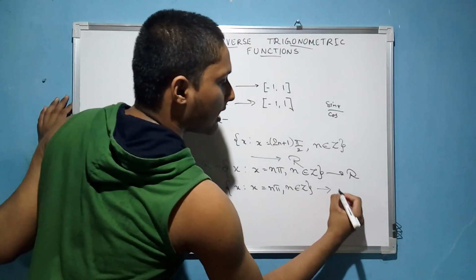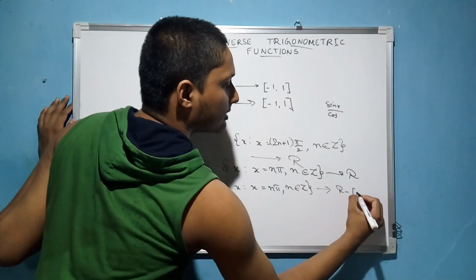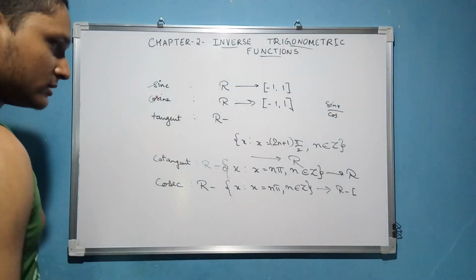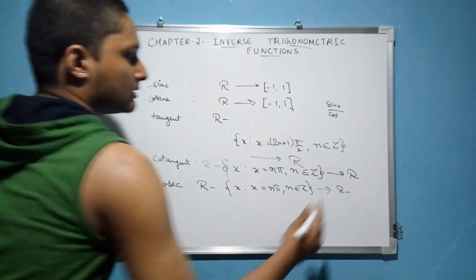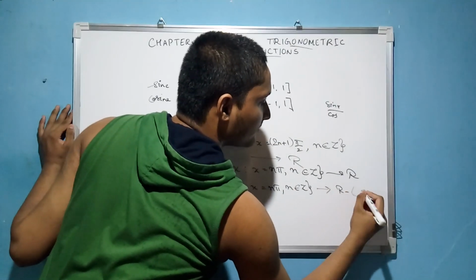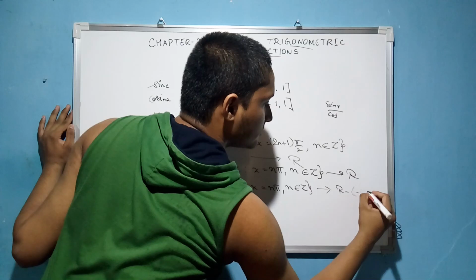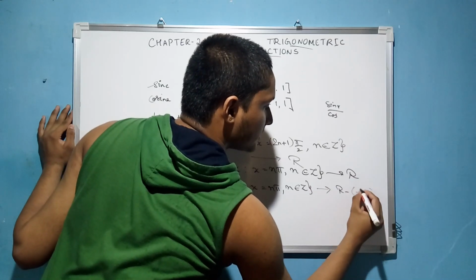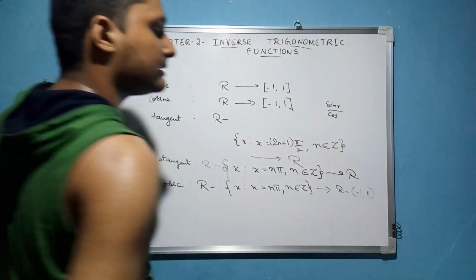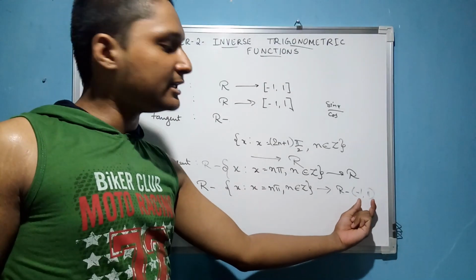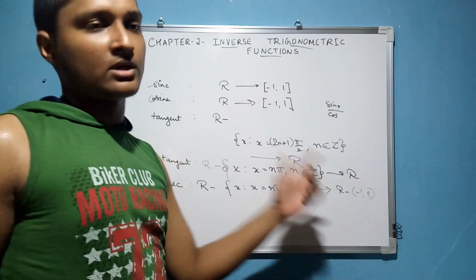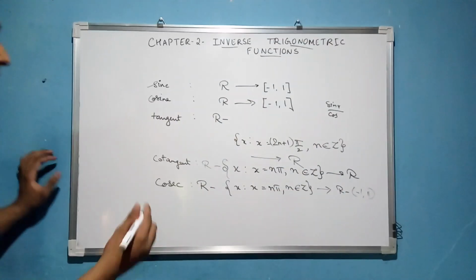The range is R minus the open interval -1 to 1. That means it includes all the real numbers, but doesn't include the numbers in between -1 and 1. So that is the range for the cosec function.